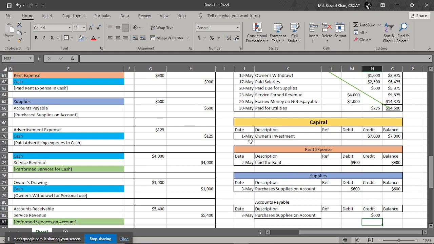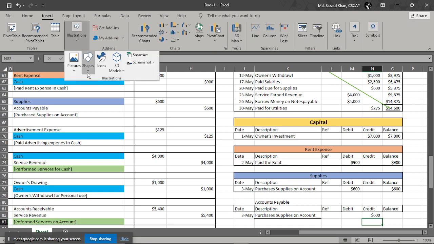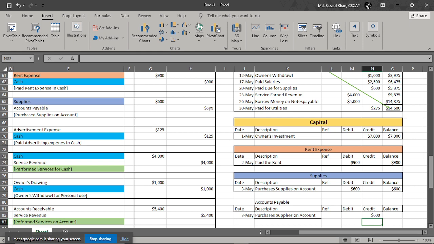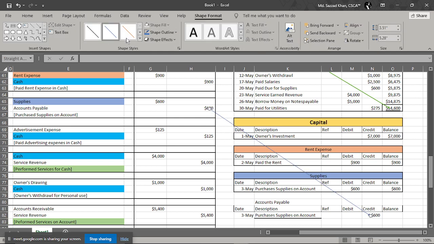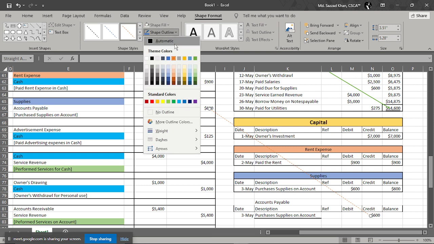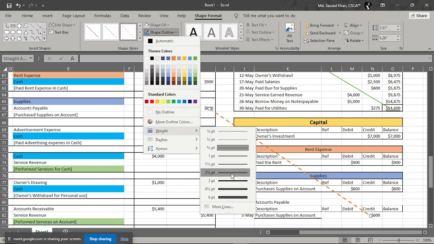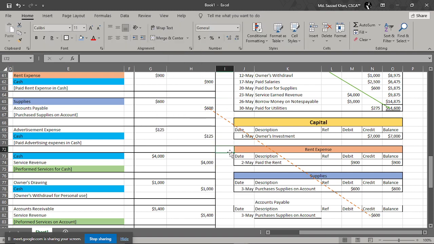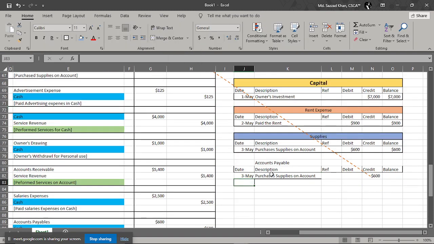Here you can see. And we see there are other accounts payable too.